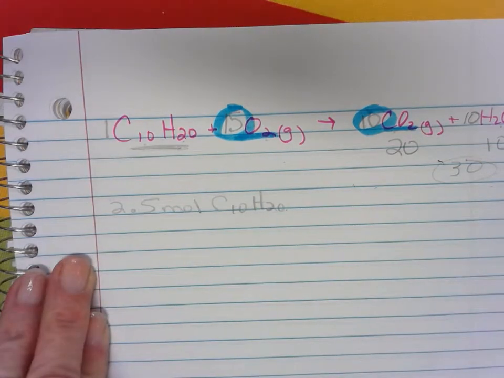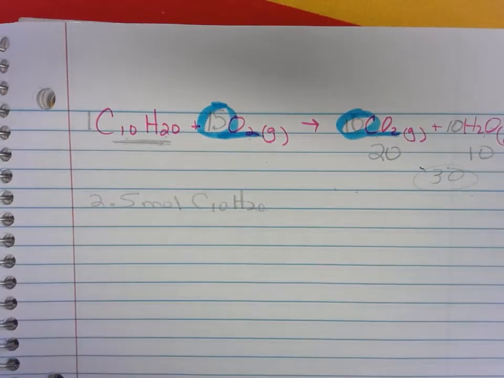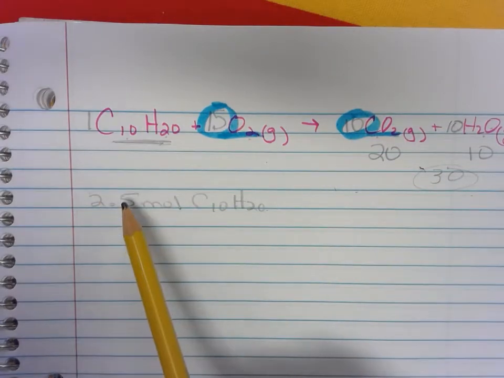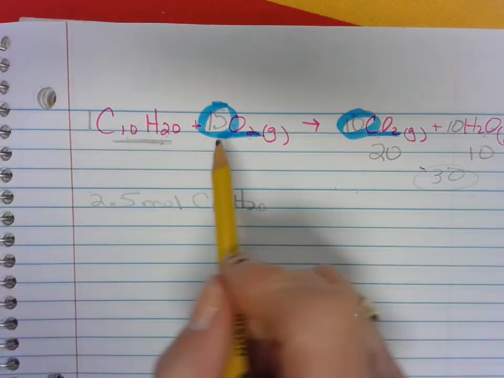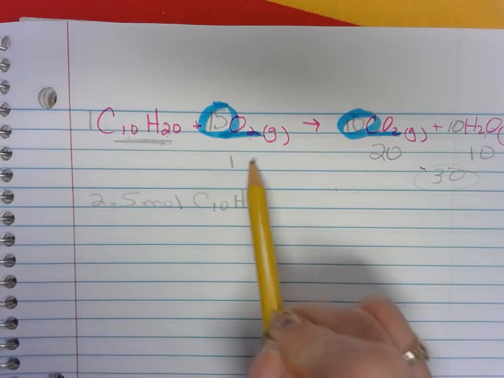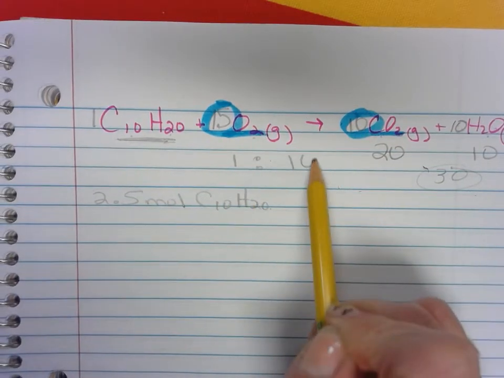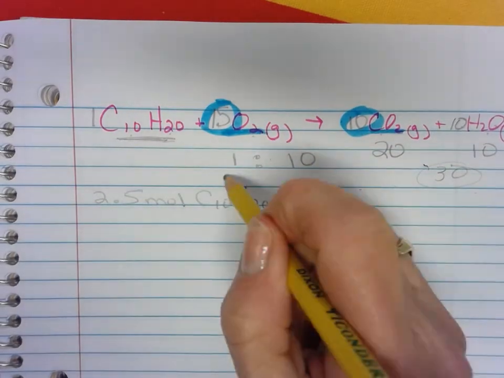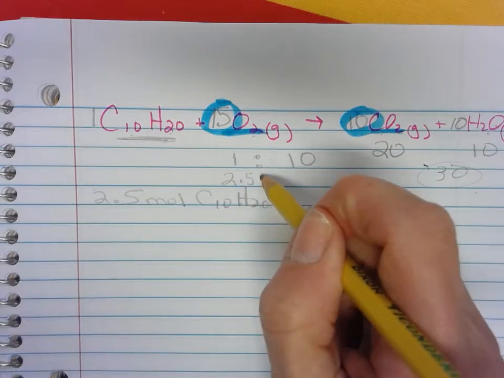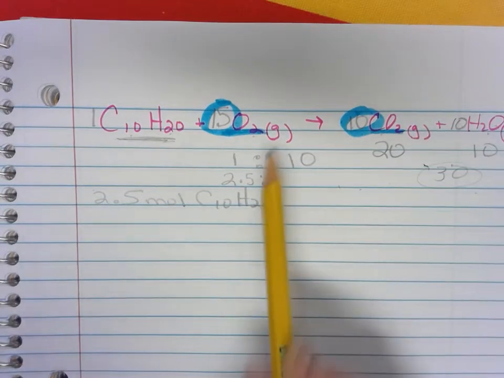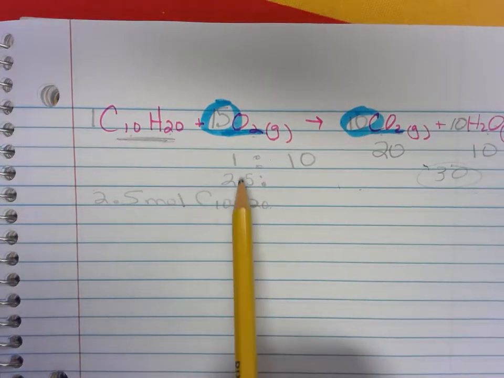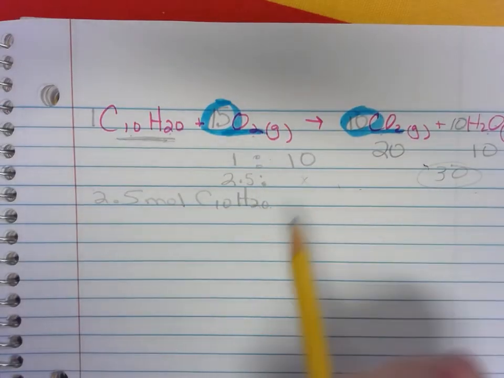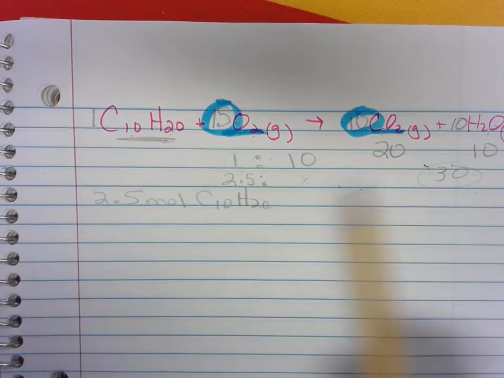And we want to know how much carbon dioxide are we putting into the air. So if we just look at our ratio here, we've got a 1 to 10 ratio as it's written. If we turn that into 2.5, we can cross multiply and solve for x.